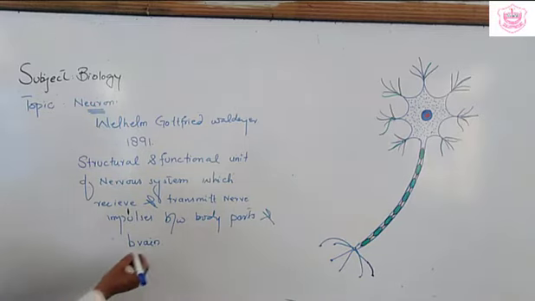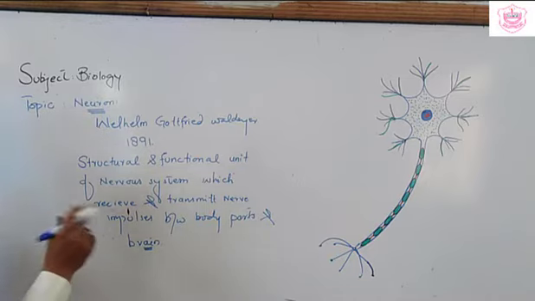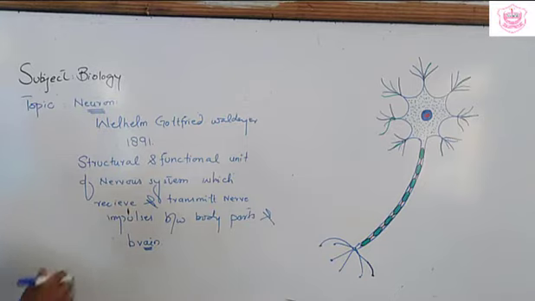And the brain is actually part of the central nervous system. That's why the neuron is the basic structural and functional unit of the nervous system.